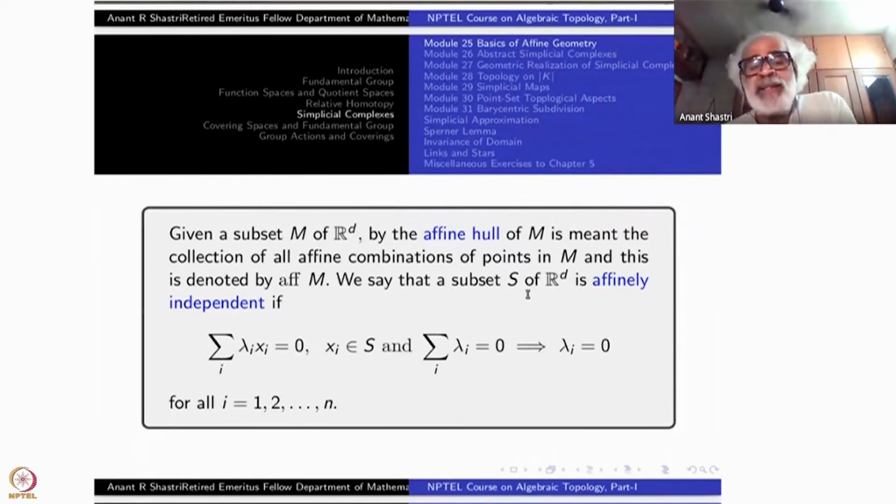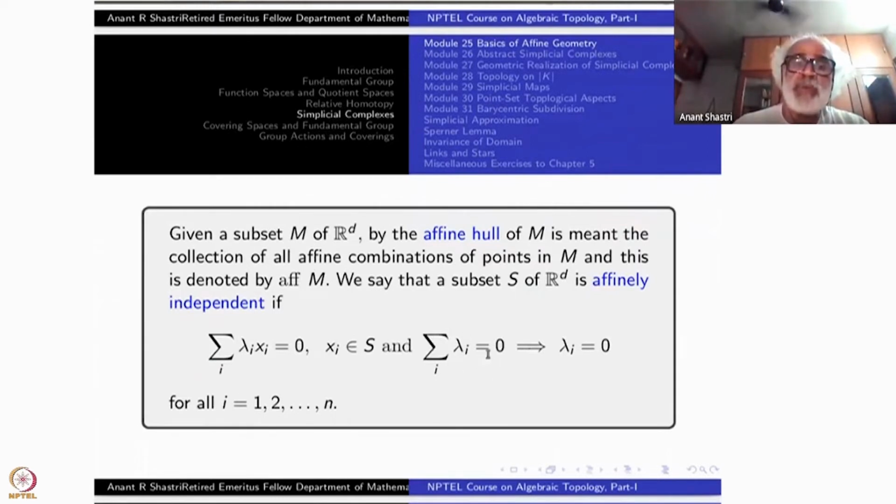Okay, we say that a subset S of R^d is affinely independent. Once again, the corresponding thing is linear independence in linear algebra. So what is it? Summation lambda_i x_i equal to 0, along with the sum total of lambda_i being equal to 0 here. Watch out, affine combination is different.